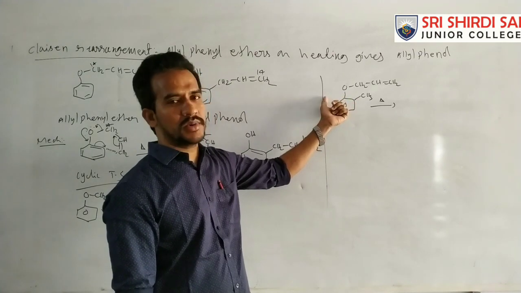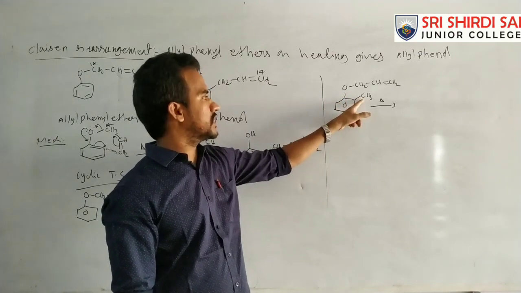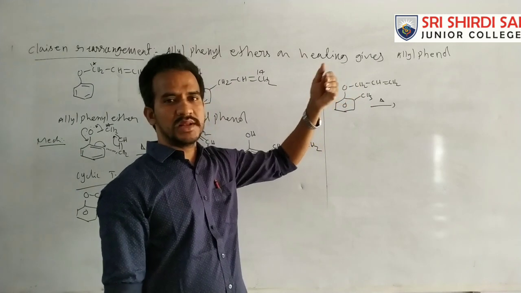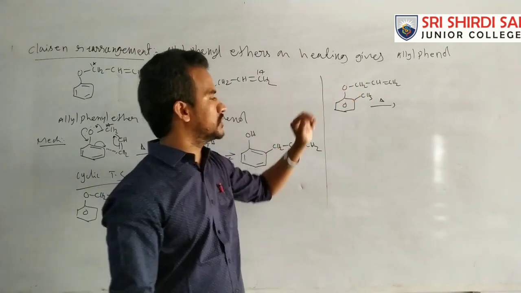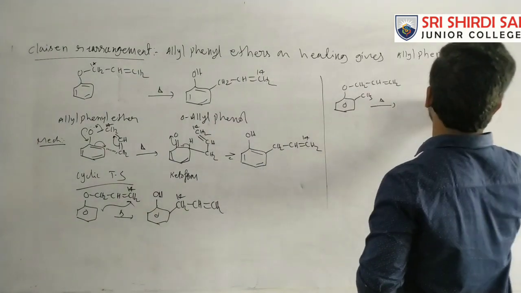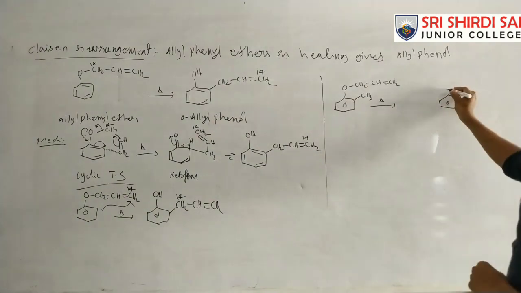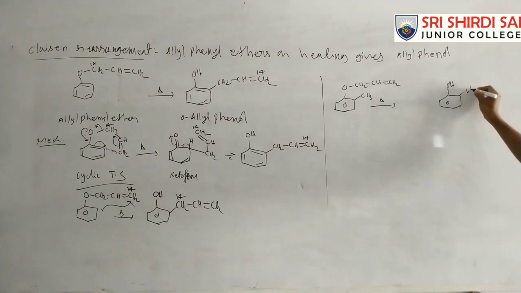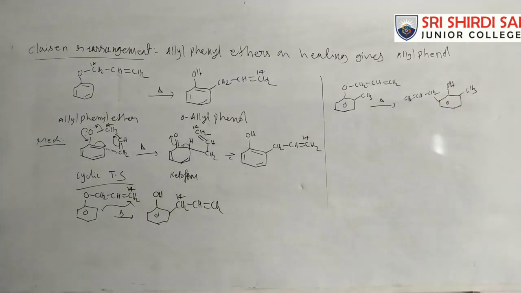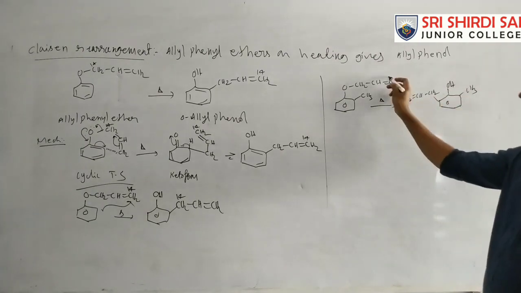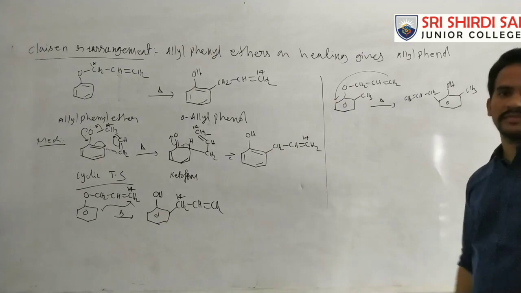If the ortho carbon is vacant, it goes there; in this case one ortho carbon is blocked by the methyl substituent, so this allyl group migrates to the other ortho position. The product is OH, CH3, CH2 double bond CH bond CH2. Another allylic position forms the bond.